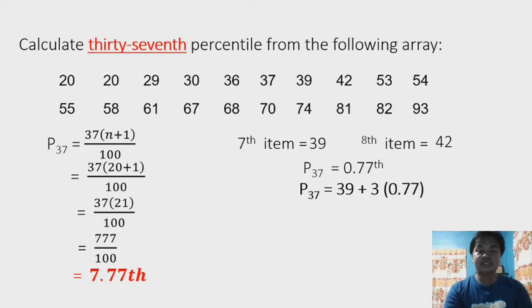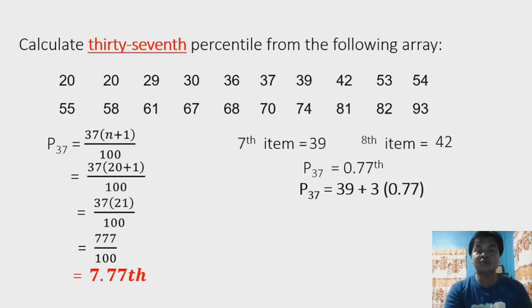So, kung mapapansin ninyo, saan nanggaling itong 3? So, itong 3 dito, bago ang 0.77, ito po ang distance from 39, which is the 7th item, and the 8th item, which is 42.